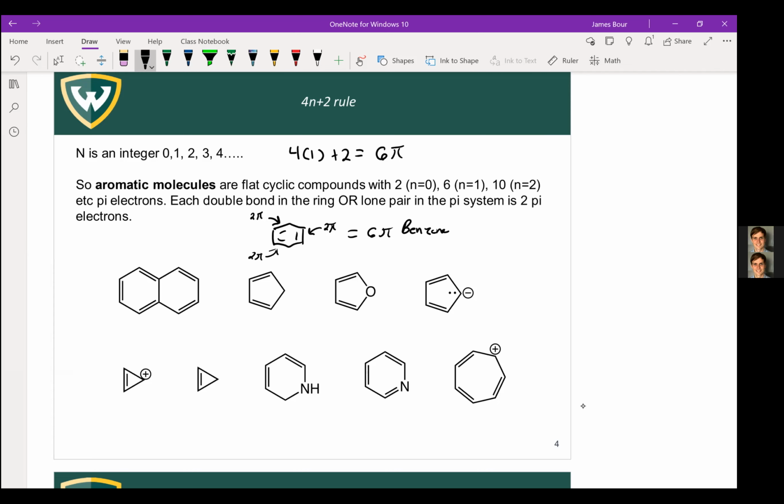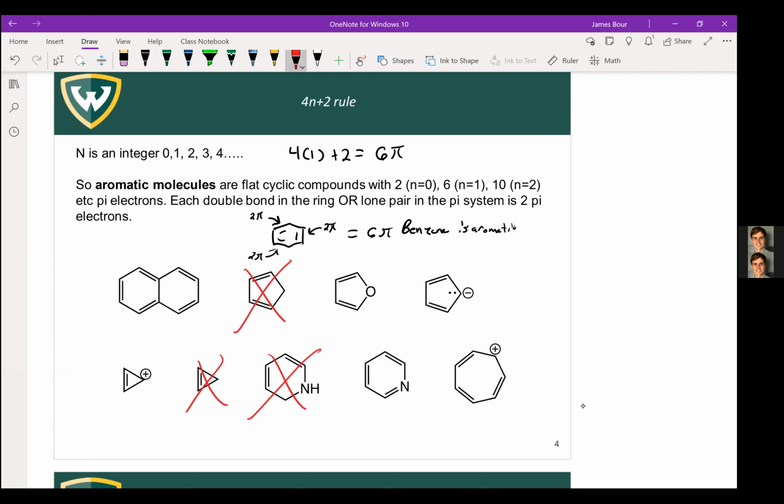It obeys the 4n plus 2 rule. It's flat, it's cyclic, and all the pi orbitals are in a consecutive order. That is, they are completely adjacent. So I'll scratch out the previous examples that we decided were not aromatic because they do not have consecutive pi bonds.